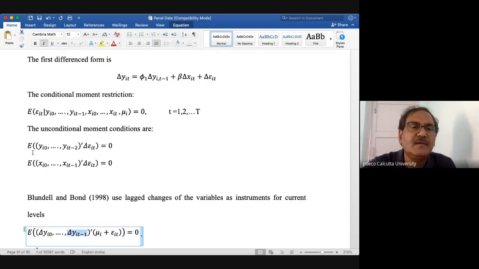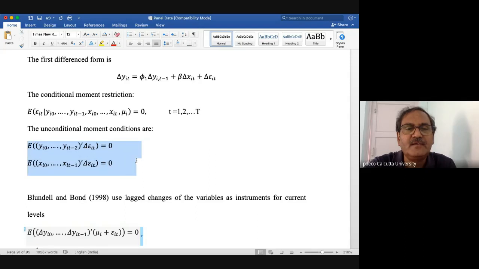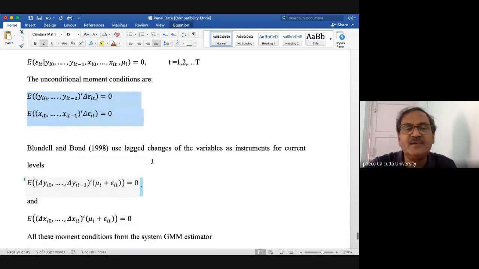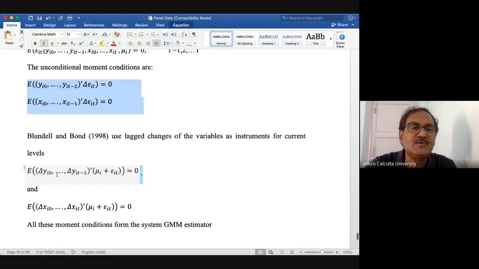So these are the moment conditions in Arellano-Bond. If you consider xit as an explanatory variable, the moment conditions in Arellano-Bond include these two. Along with this, in Blundell and Bond, we can use the past differences as the instrument for y as well as for x.